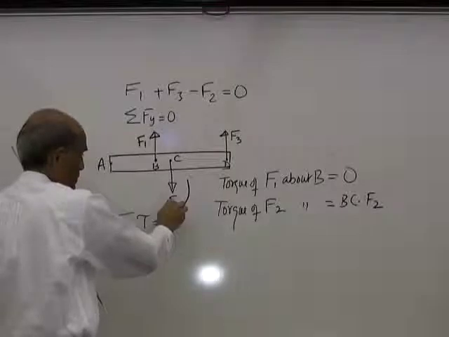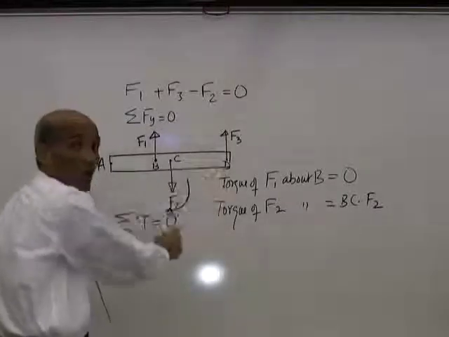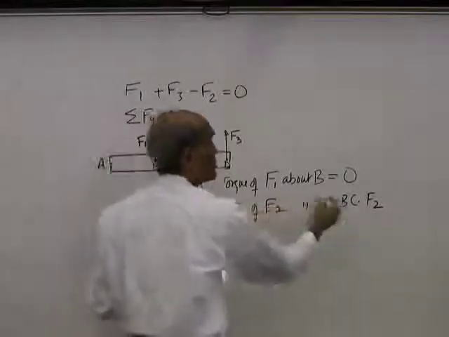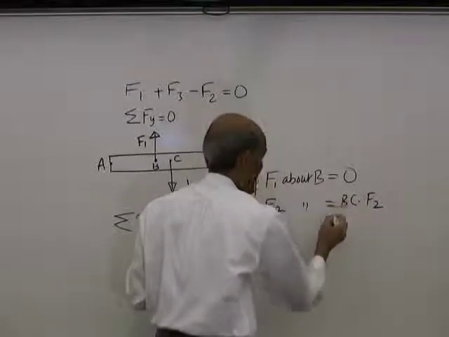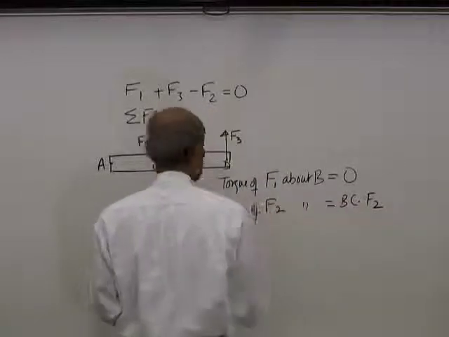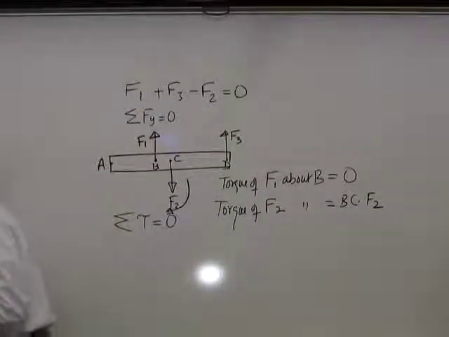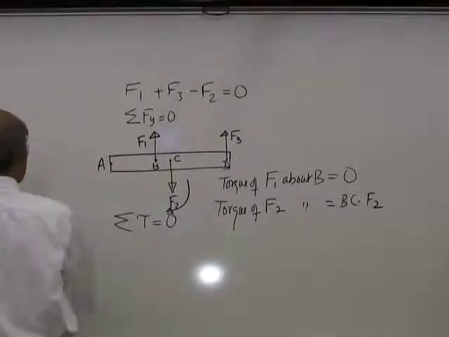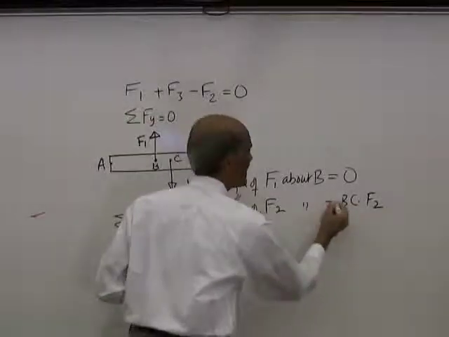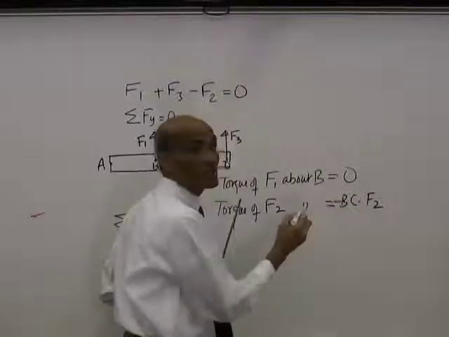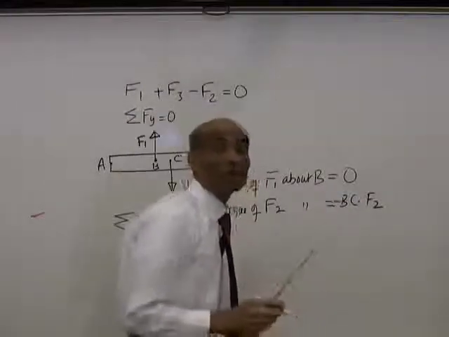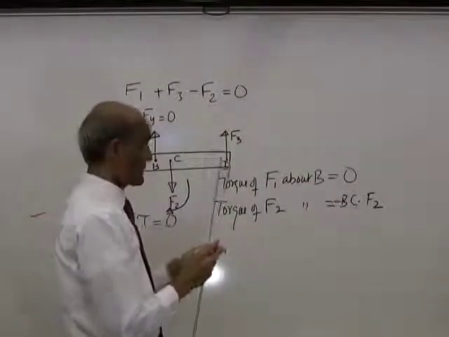It produces a torque in the clockwise direction. So this is a clockwise torque, therefore it is negative. Isn't that fair to call that torque negative? It is a negative torque because it is a clockwise torque.